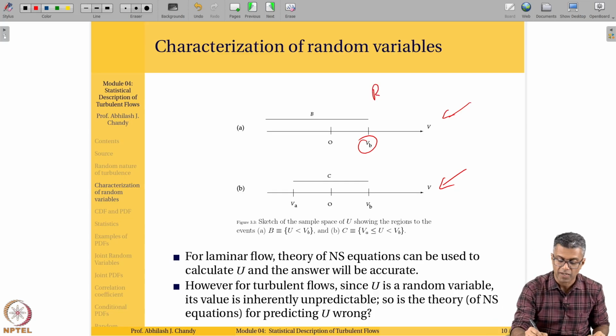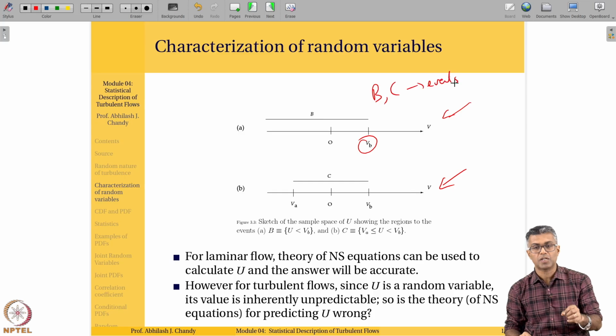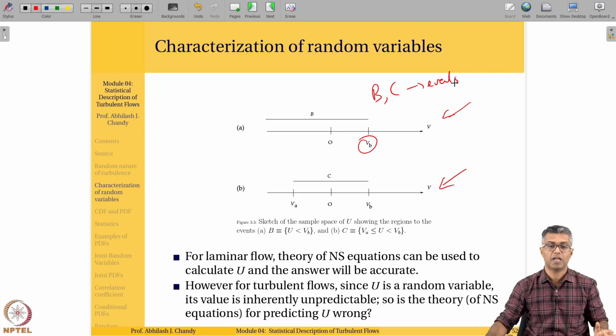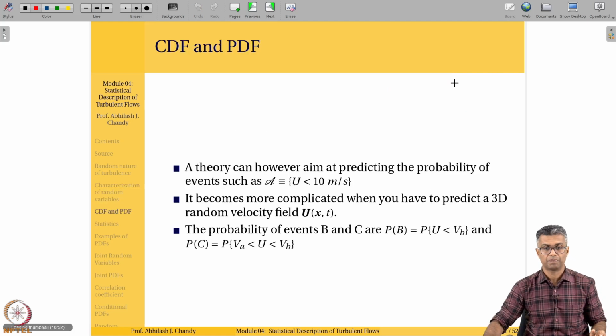So B and C are events, okay? B and C are events, and now the question is, what is the probability of B and what is the probability of C? Probability of B is the probability that velocity stays below Vb, and probability of C is the probability that velocity stays between Va and Vb. That's the question.